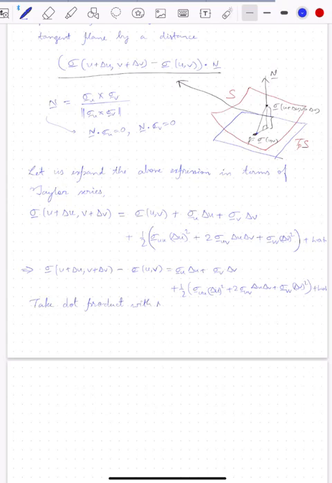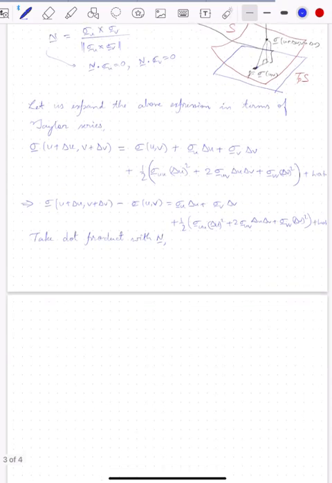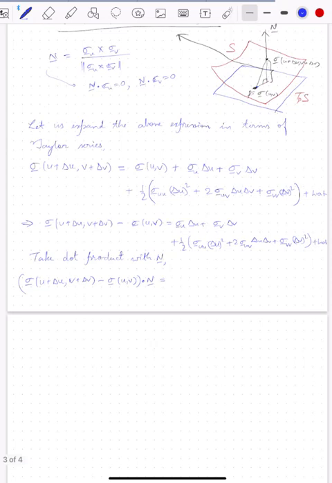with n vector. So upon taking this dot product with n, the first term on the left hand side is sigma vector u comma v dot n vector, which is equal to, of course, the first term on the right, n dot sigma u, which will become 0. Likewise, n dot sigma v is 0 by virtue of n being orthogonal to both sigma u and sigma v.